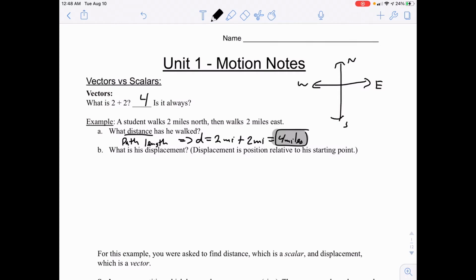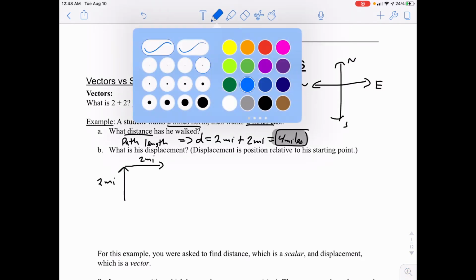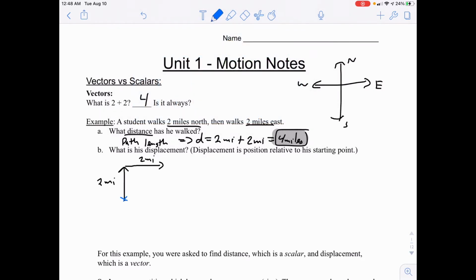So according to this, we walk 2 miles north, like this, but then walked 2 miles east. That would be like this. The displacement, ladies and gentlemen, would be a straight line from start to finish, like that.